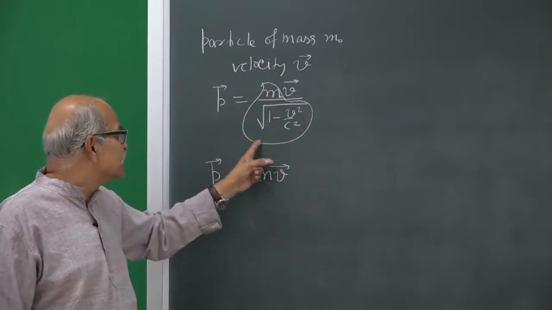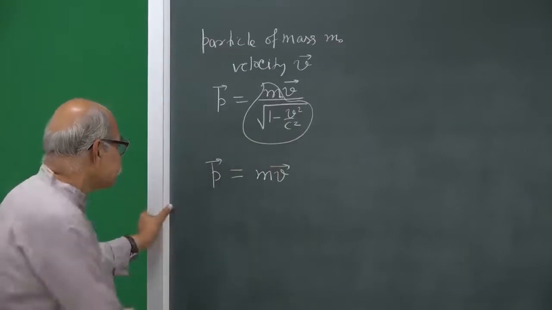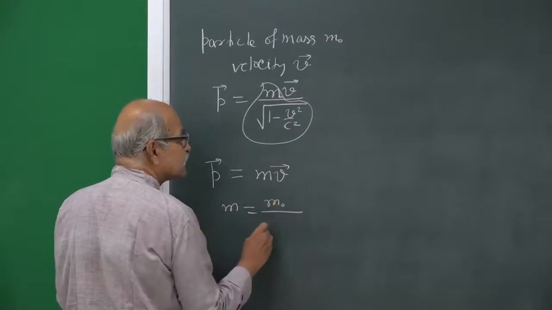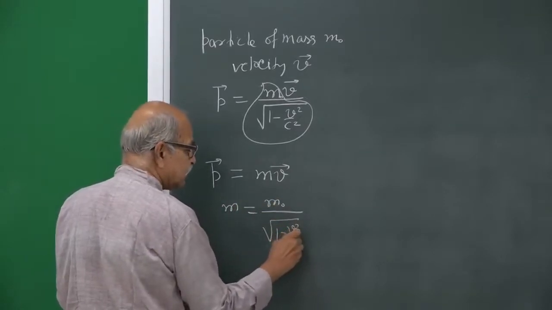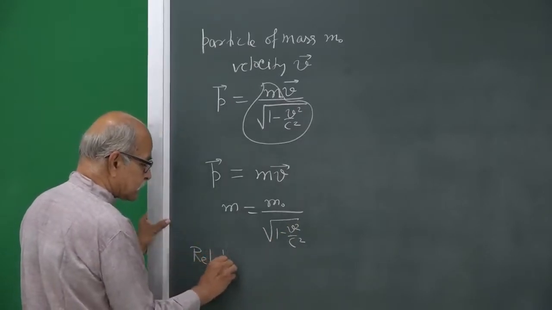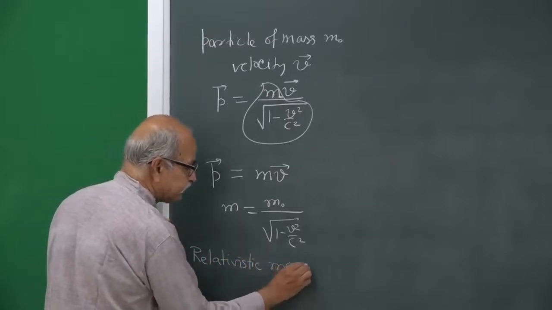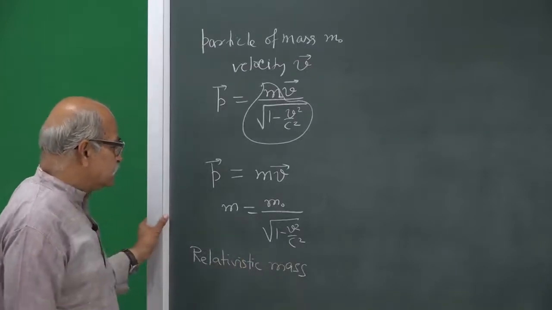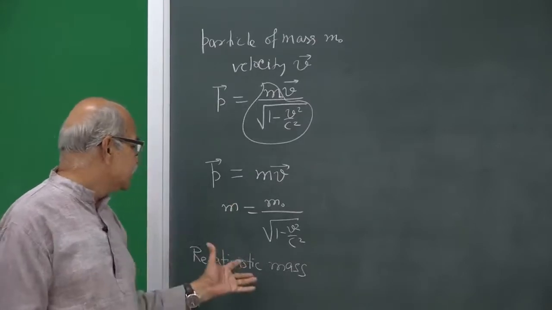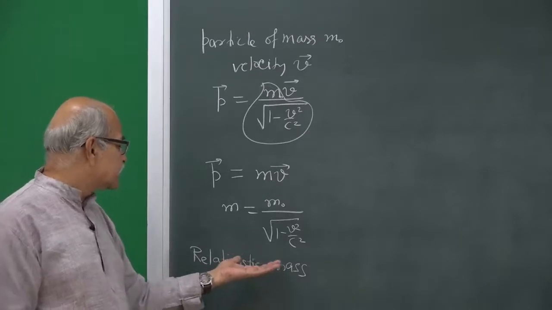This is not mass. So, you will have to give a different name, and that name is: this m is m naught divided by square root of 1 minus v square by c square, and this is called relativistic mass. I am very clear about it, and I want to convey this, that this relativistic mass is a mathematical construct.